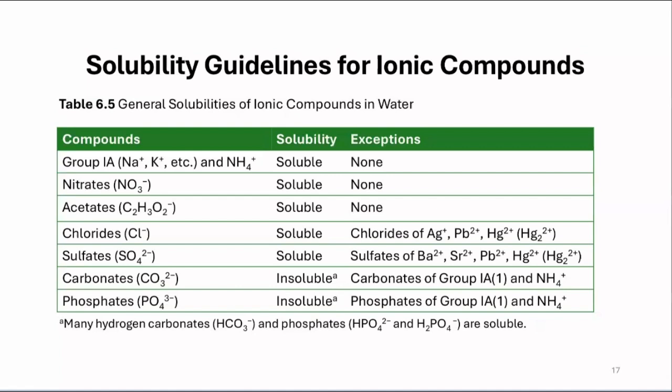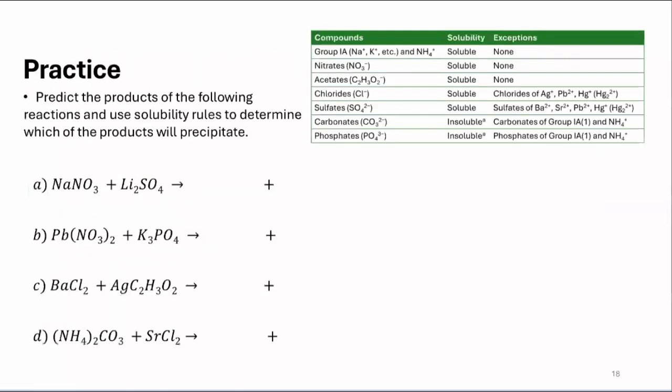Let's actually do an application of how we use these rules in reactions. One of the main applications of solubility rules is in the product prediction for double replacement reactions. In double replacement reactions, just to remind you, we're going to have two aqueous ionic compounds that are going to exchange ions.